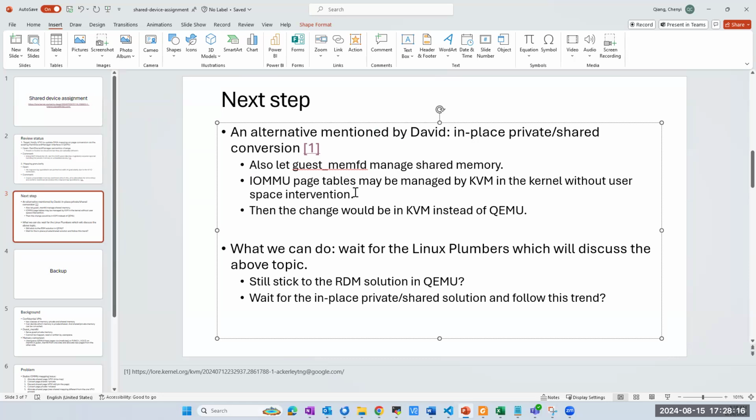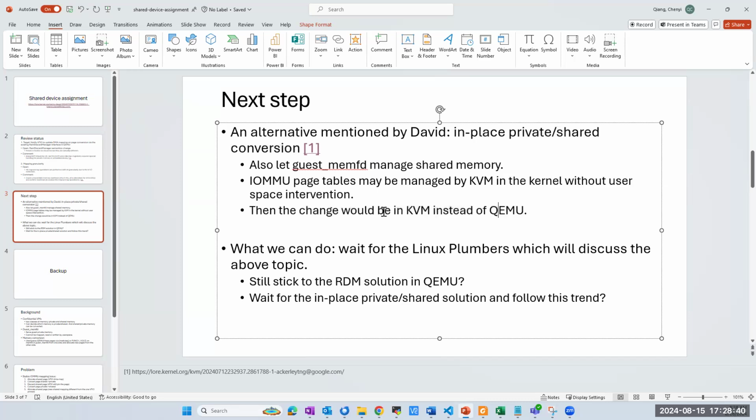And so the IOMMU page tables could be managed by KVM in kernel without user space intervention. Then I think if this feature is introduced, the change would be in KVM instead of QEMU.